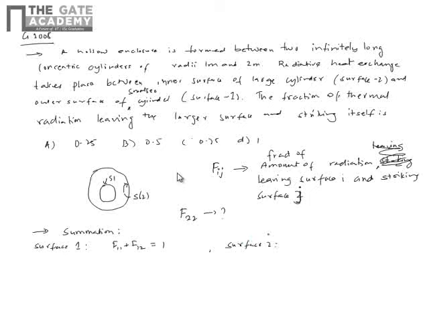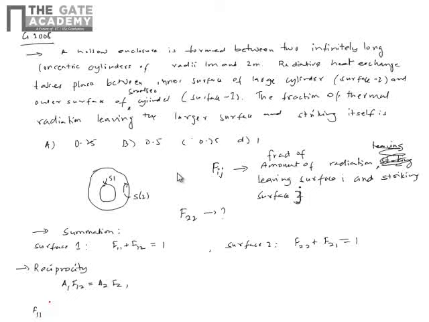For surface 2 it becomes F22 plus F21, because some portion of the radiation leaving surface 2 can strike it back. So this is also 1. Then there is the reciprocity rule between any 2 surfaces: A1 F12 equals A2 F21. This is for a pair of surfaces. So these are the 3 rules.